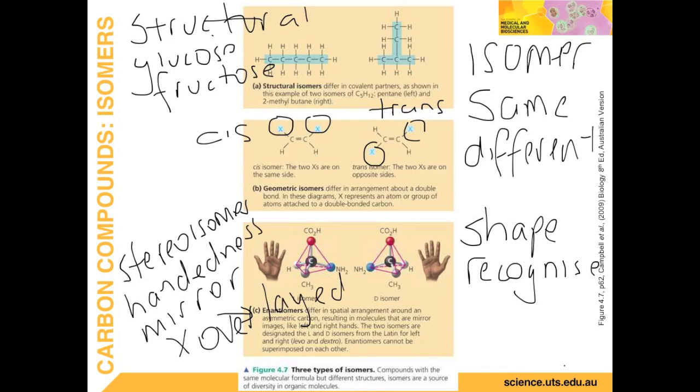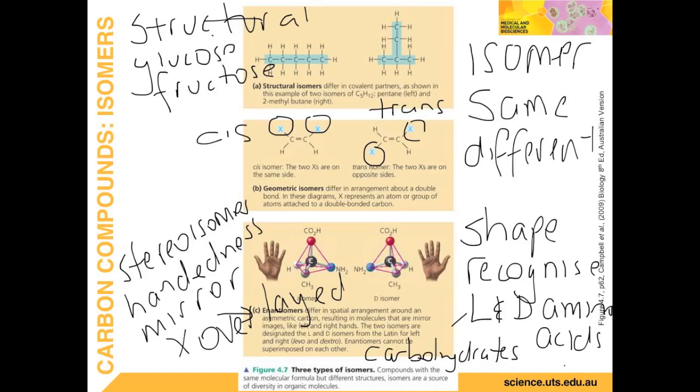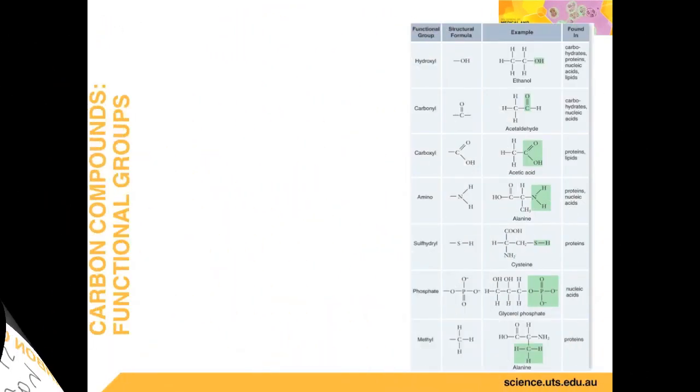Now, for example, in other vodcasts, we're going to talk about L and D amino acids, as well as L and D carbohydrates. These are isomers.